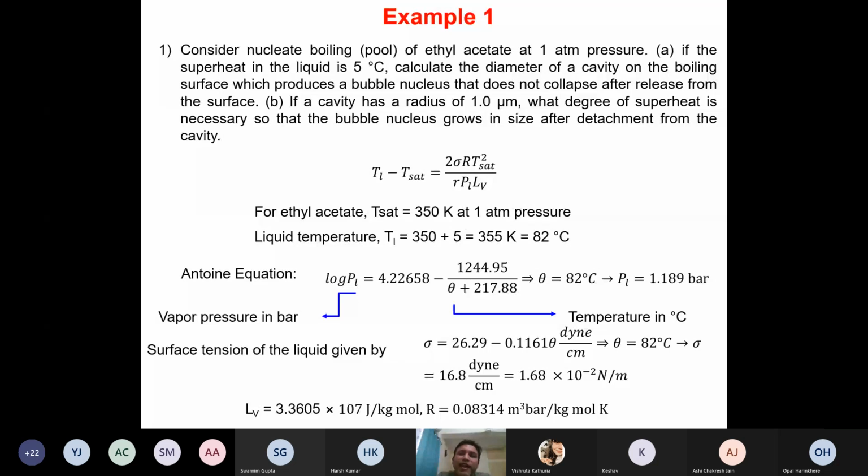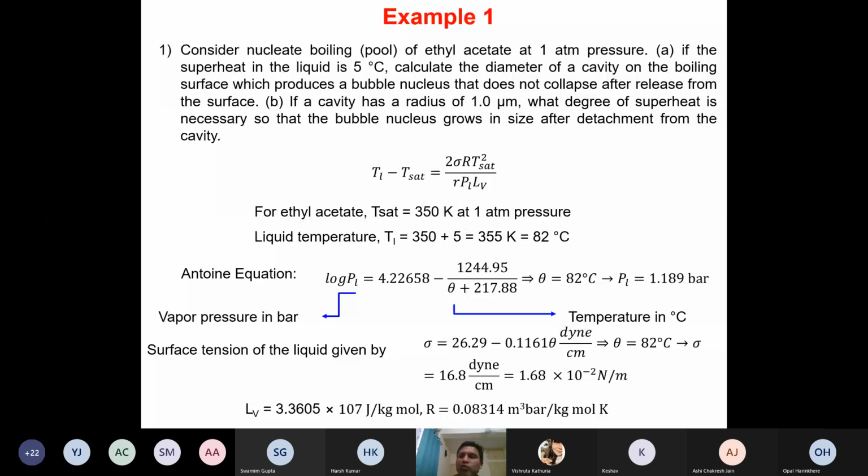And the second part is, if a cavity has a radius of 1 micrometer, what degree of superheat is necessary so that the bubble nucleus grows in size after detachment from the cavity. So this is the same problem which we have seen earlier, except that instead of water, here it is ethyl acetate, isn't it?